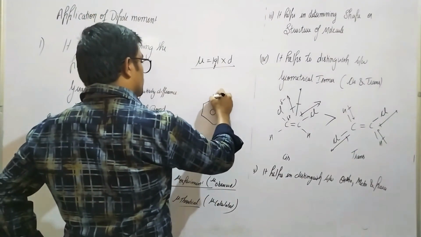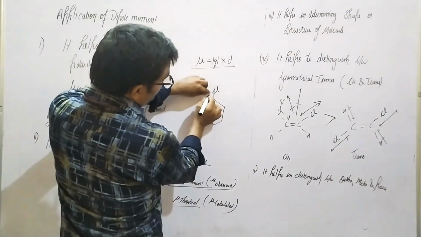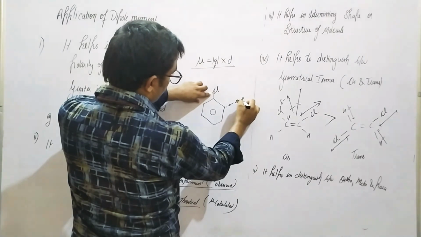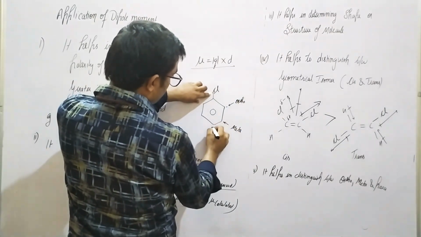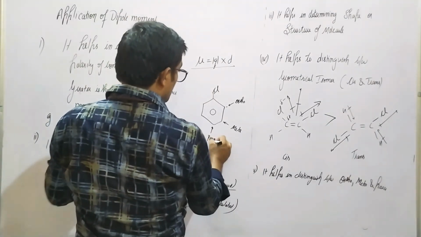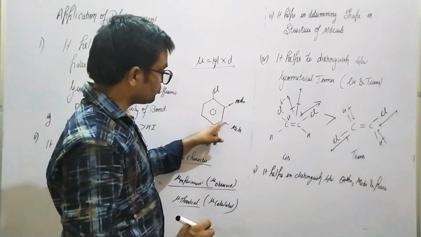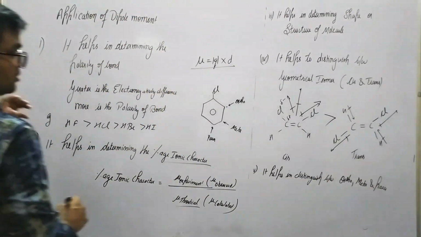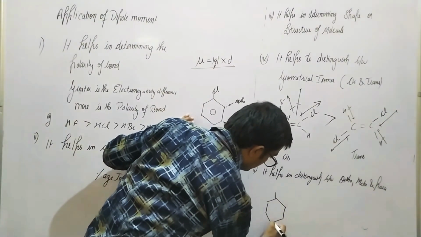If suppose I put a chlorine atom here, then with respect to this chlorine, this is the ortho position, this is the ortho position, this is the meta position, and this is the para position. You should remember, with respect to this, if I put chlorine here, then this is ortho, meta, and then this is para.